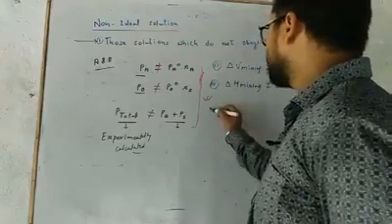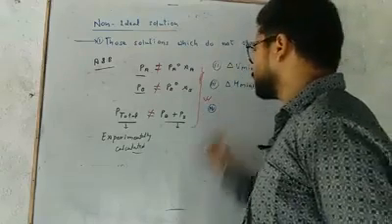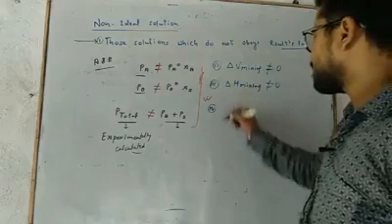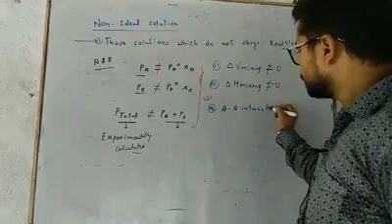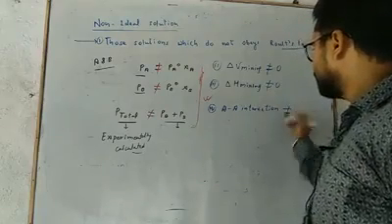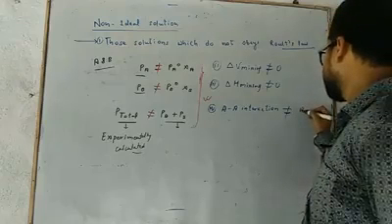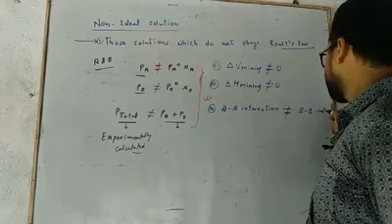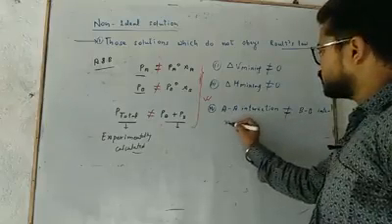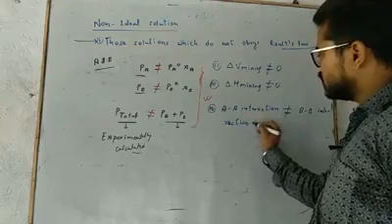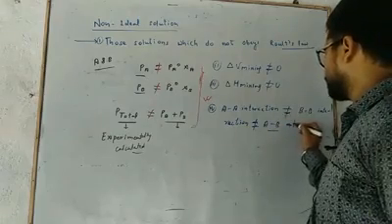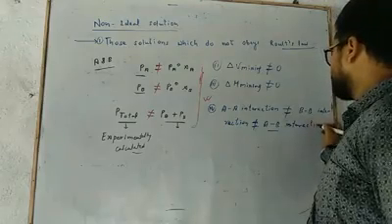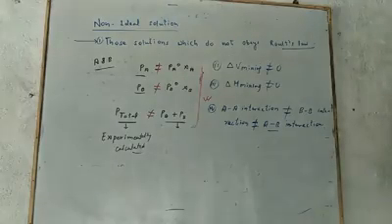Fourth point, we will say AA interaction is not equal to BB interaction is not equal to AB interaction. Getting this? So this is called a non-ideal solution.